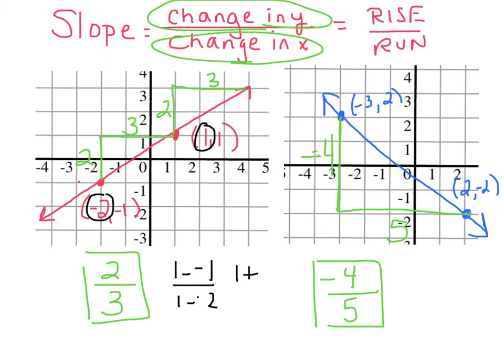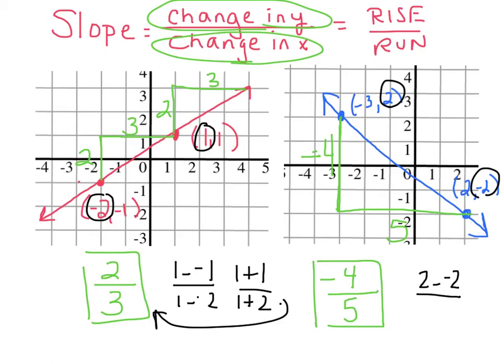That gives us 1 plus 1 and 1 plus 2, which gives us the slope 2/3. Over on the next example, we could subtract our y's, 2 minus negative 2, and our x's, negative 3 minus 2. That gives us 2 plus 2, which is 4, and negative 3 minus 2, which is negative 5, which gives us the same slope of negative 4/5.